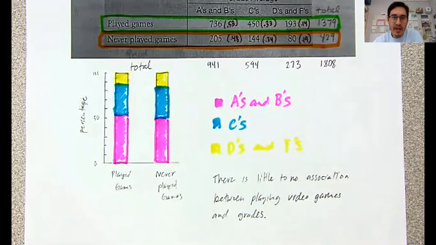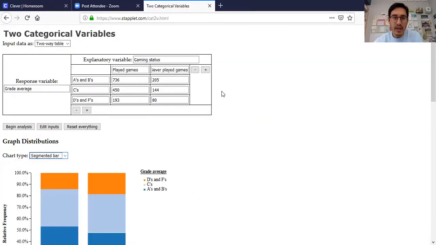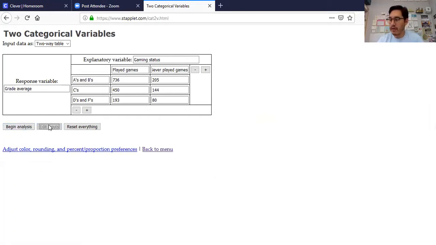Okay. So I think I've shown you the Statlet app before, but it's worth doing it again. If I can find it. Yeah, here it is. Because I think it does a great job of creating these graphs, and doing it by hand is okay, but technology makes things a lot simpler.